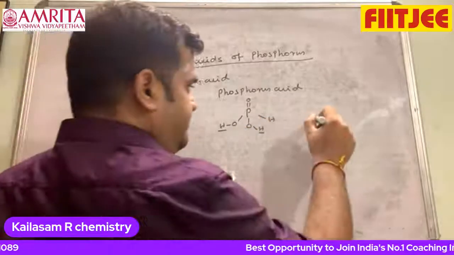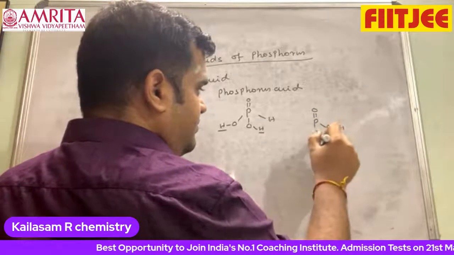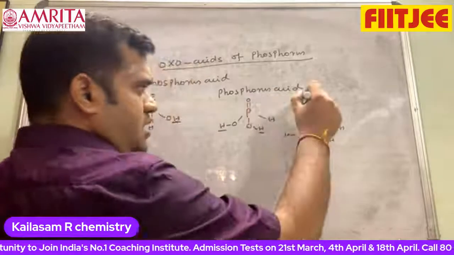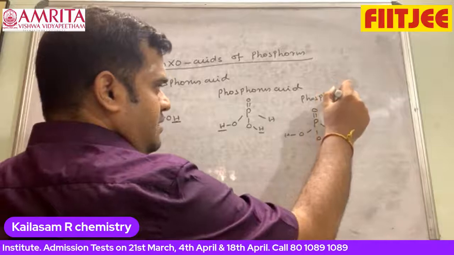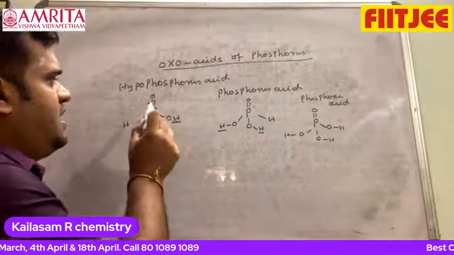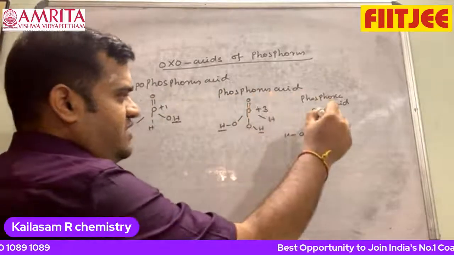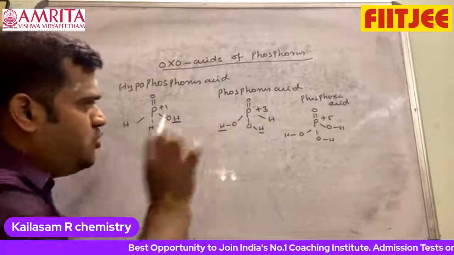Look at this. This is phosphoric acid. In hypophosphorous acid phosphorus is +1, in phosphorous +3, and in phosphoric +5 state.